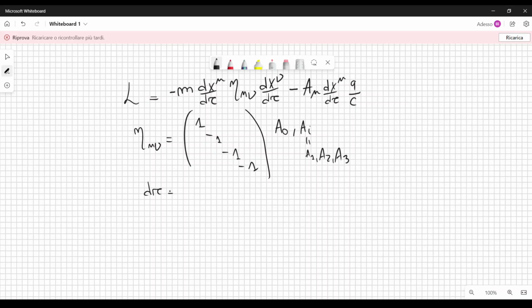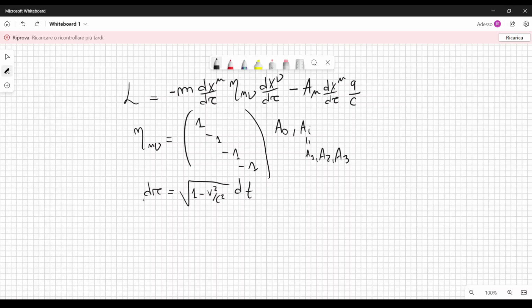And d tau in special relativity is the square root of 1 minus v squared over c squared dt. t is the time measured in a frame which is quote unquote still, whereas tau is measured in a moving frame. So the frame where I measure tau is moving with respect to the frame where I measure t.